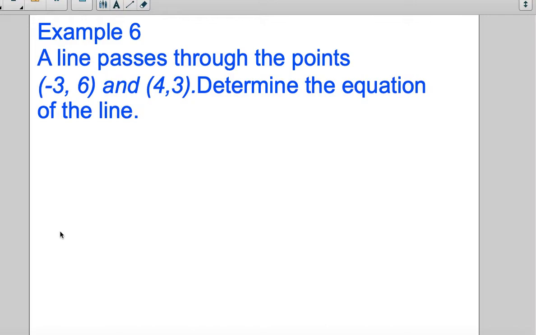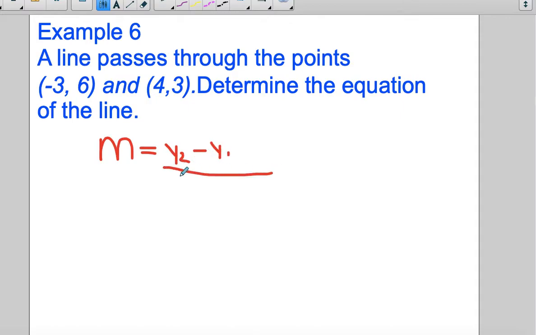So example 6 says a line passes through the points -3, 6, and 4, 3. Determine the equation of the line. So this is where, in the last note, we had the slope formula of y2 minus y1 over x2 minus x1.